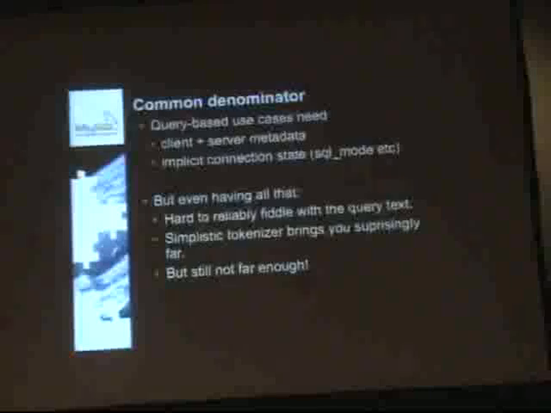But even if we have all that, and we actually do today, it's very hard to reliably work with the query text. If you just have the string, it could be uppercase, could be lowercase, and could contain an arbitrary amount of white space and quoting and all kinds of fun stuff.